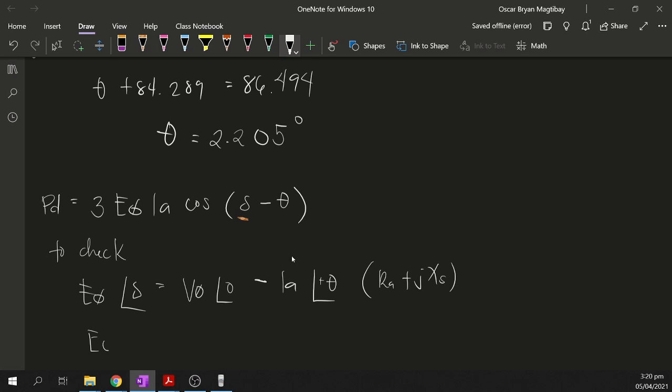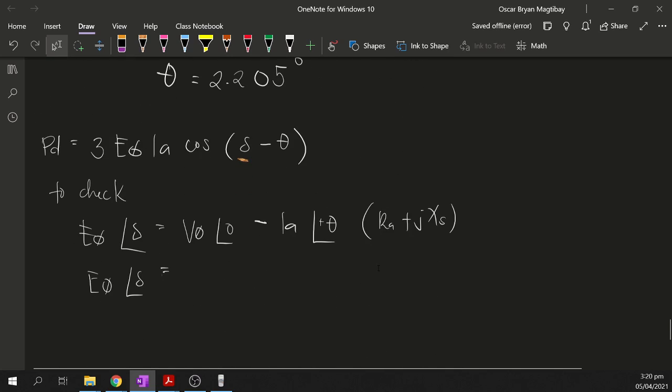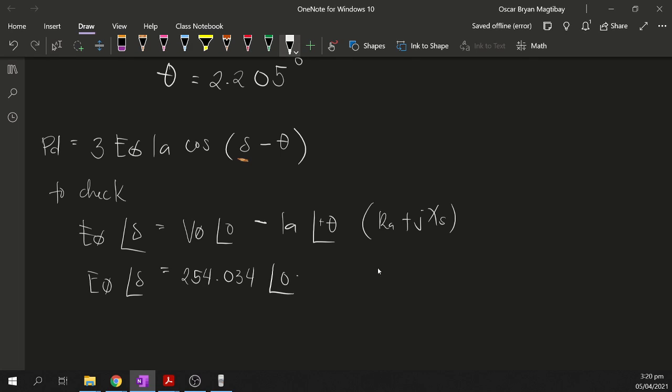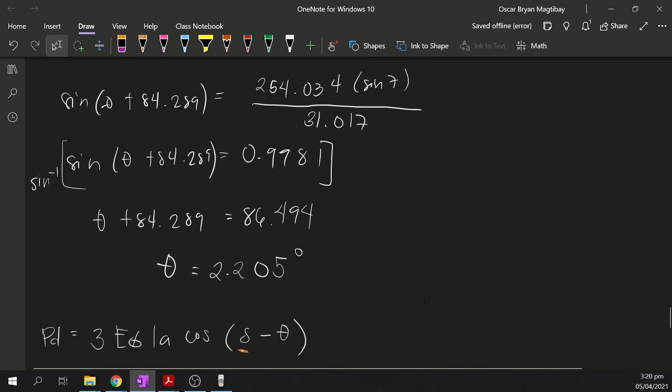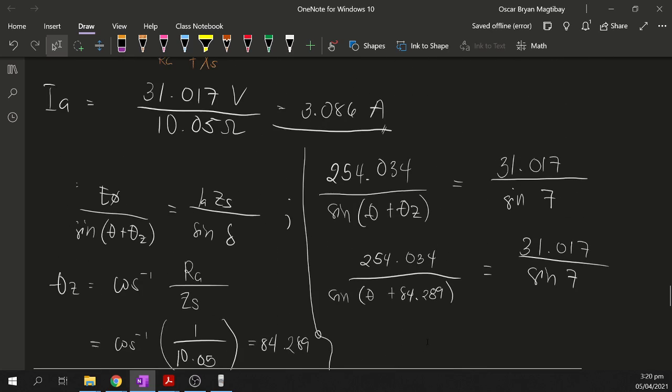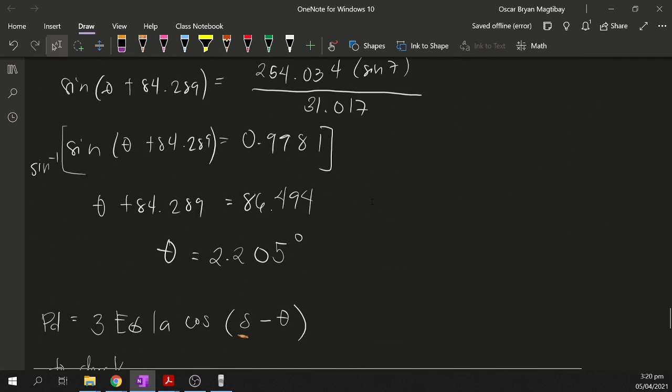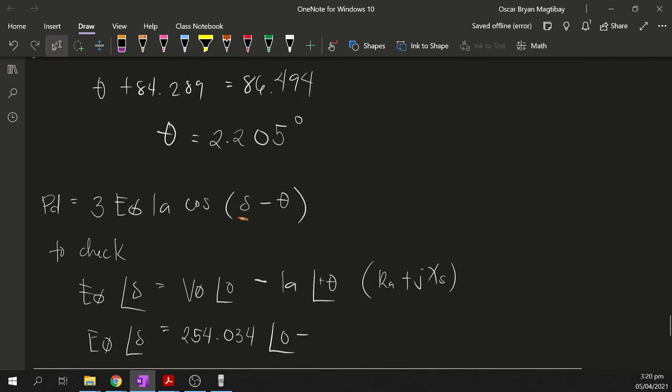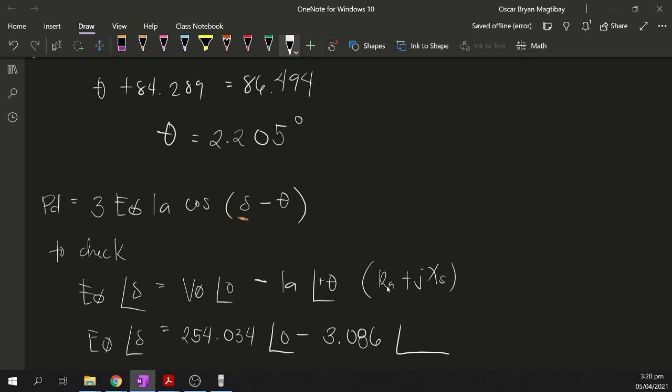So this becomes now A phase bar angle sigma is equal to 254.034 bar angle 0 minus IA natin. Ang IA natin is 3.086 bar angle positive 2.205.